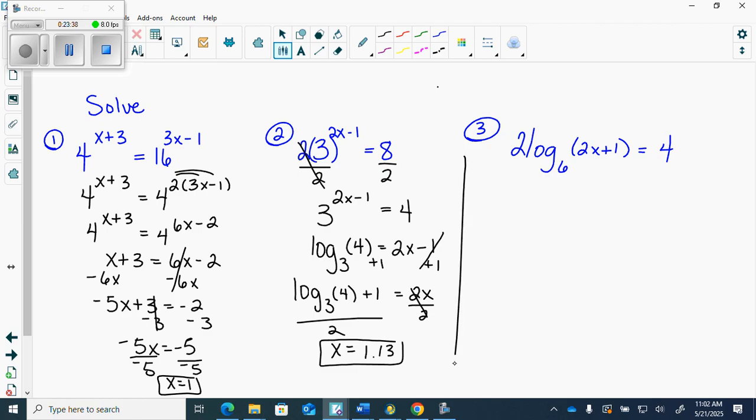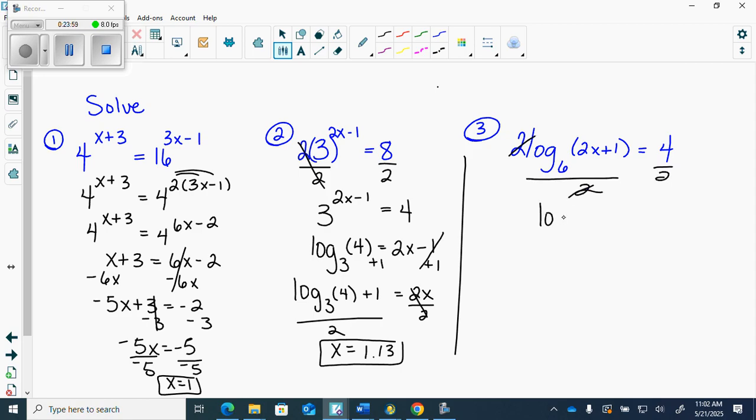Number 3. If the variable is beside the log, or the variable is in the base of the log, ultimately you're going to have to convert to exponential. Yes? But you can only have 3 pieces of information to convert to exponential, and currently we have 4. So what do we have to do first? Divide the 2 over.